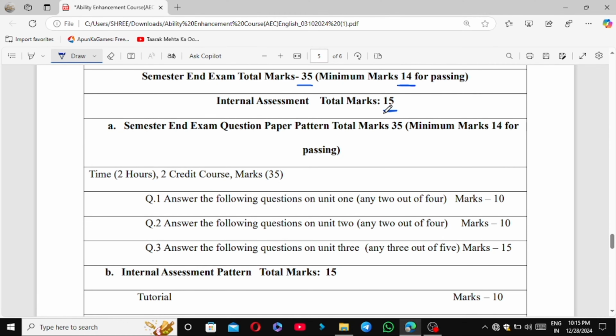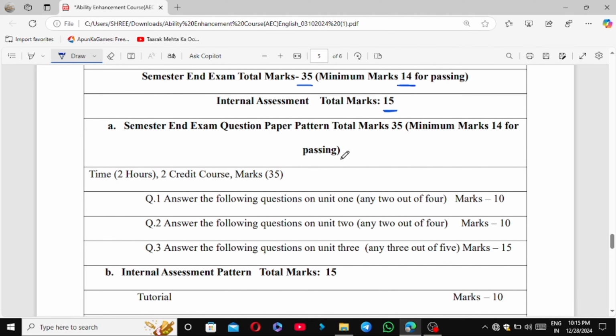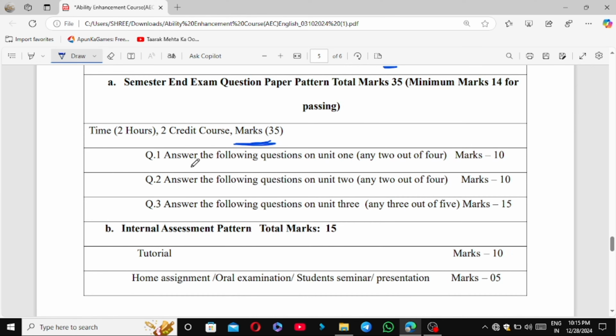Okay, in your college your internal examination is for 20 or 15 marks, they convert it into 10 marks and 5 marks for your assignments or some other activities related to this subject. Okay, total 15 marks. Okay, so here you can see the format of 35 marks, that is the end semester examination. Question 1 for 10 marks, question 2 for 10 marks and question 3 for 15 marks. Okay, this is the pattern for semester second.